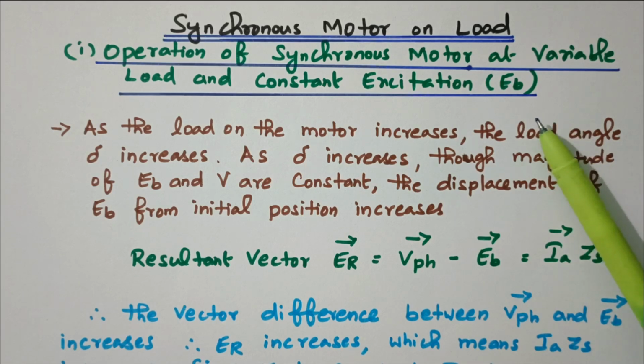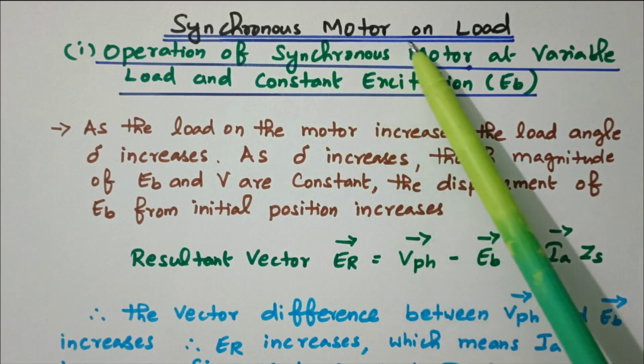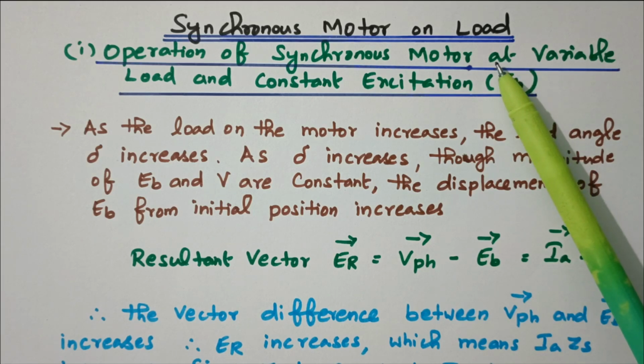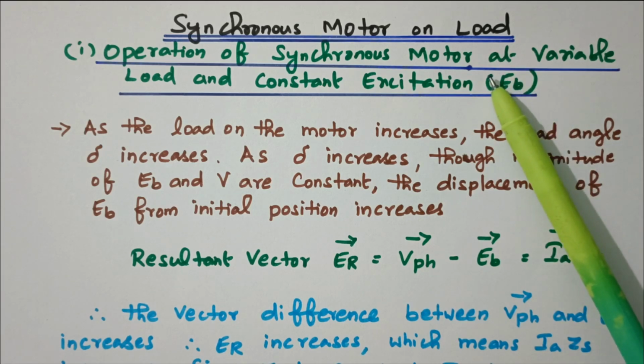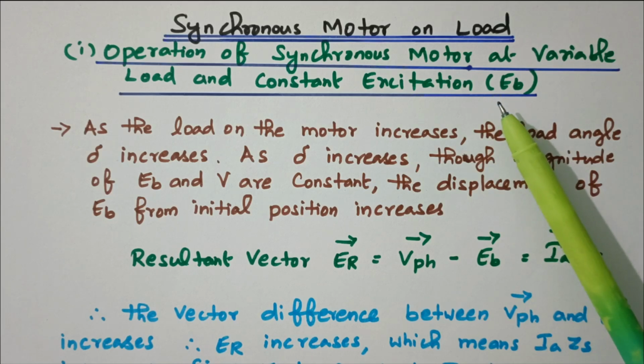Now we'll go to the topic. In the previous video we discussed the synchronous motor on load in the general case: when it is loaded, what happens, and when it is not loaded, what happens. During the no load condition, Eb is equal to V phase, both equal and in opposite direction.